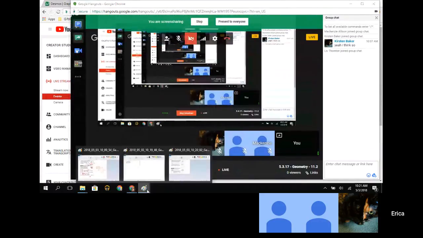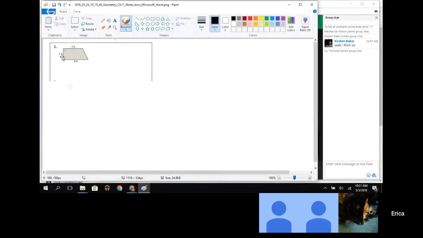I could just use my area formula that I just learned, which is that the area equals 1/2 the height times base 1 plus base 2. So 1/2 of 4 feet times base 1, which is 7, plus base 2, which is 9.